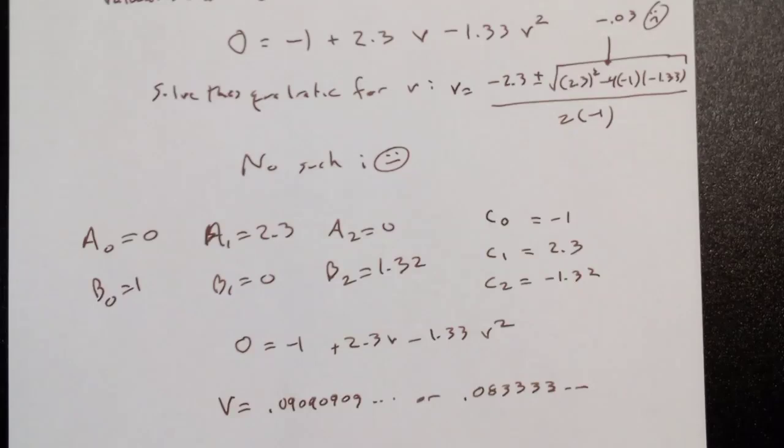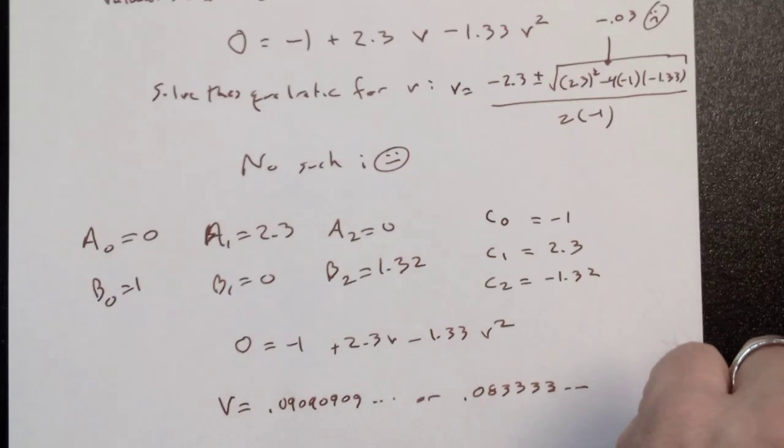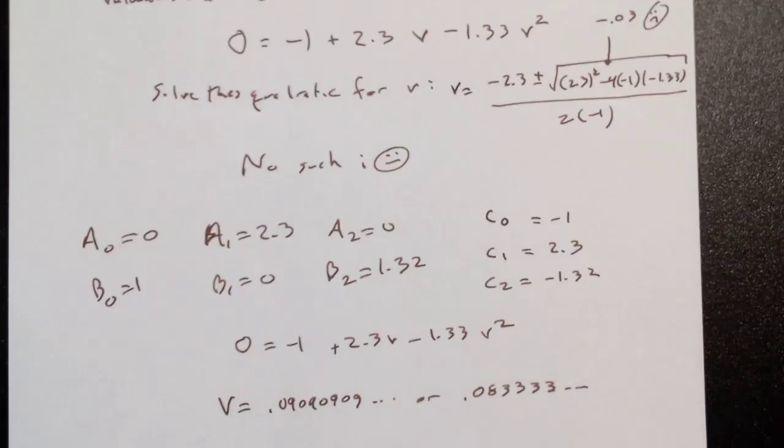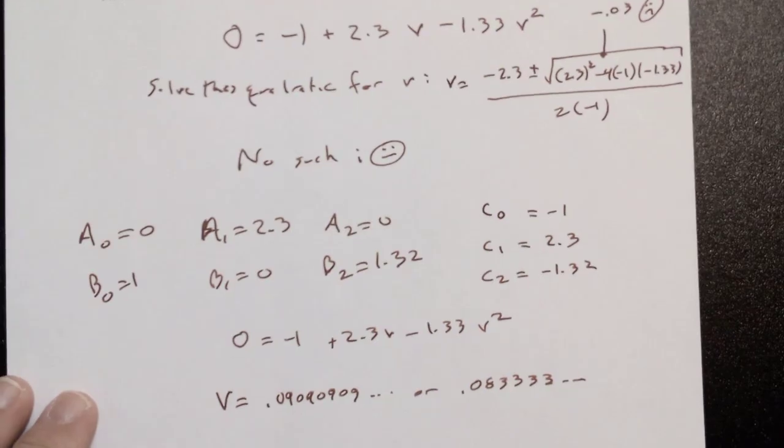Is that wrong? No, I think you're right. I think I wrote it down wrong. Let me double check. Negative 1.33, 2.3, negative 1. You're absolutely right.